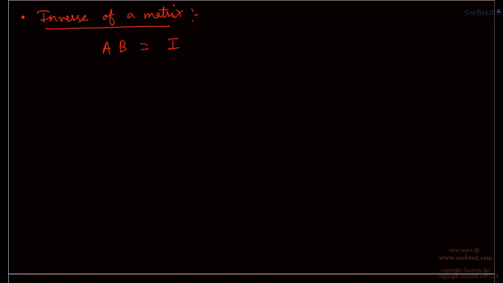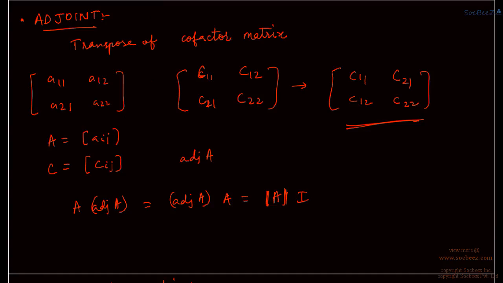Now, any such matrix B which when multiplied with A gives us I, where I is the identity matrix, is known as the inverse of A. Now, first of all, A and B are also commutable under multiplication. So I can also write that as B into A. Okay. So B is actually written as A inverse, A power minus 1. So this denotes the inverse of A.